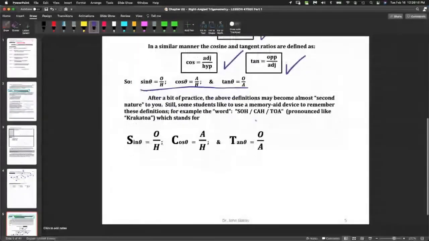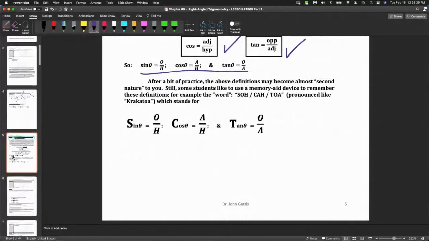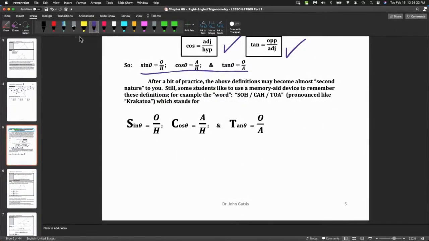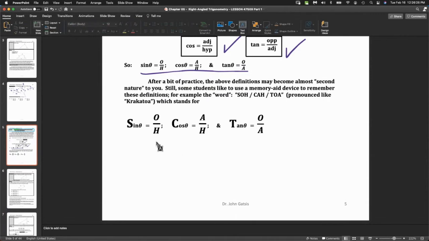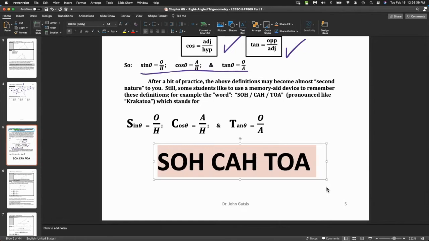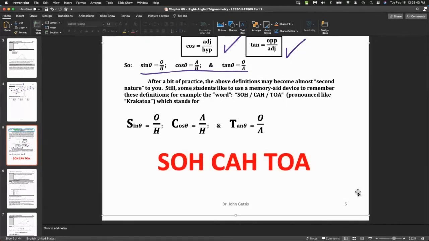SOHCAHTOA. So there it is. And I'm just going to write it in big bold letters here. So this is really a memorization tool for remembering these definitions.